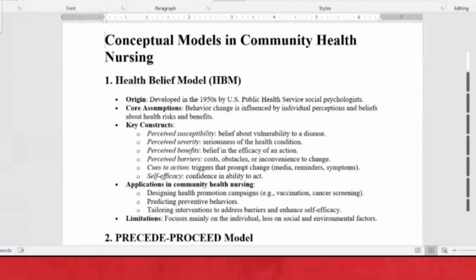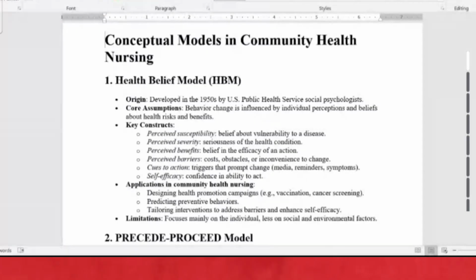Number 2, another building block, perceived severity. It is about how serious the disease can be. We can counter this through health education. When you give health education, people will know that when I get this particular disease, it is very important for me to seek health service.